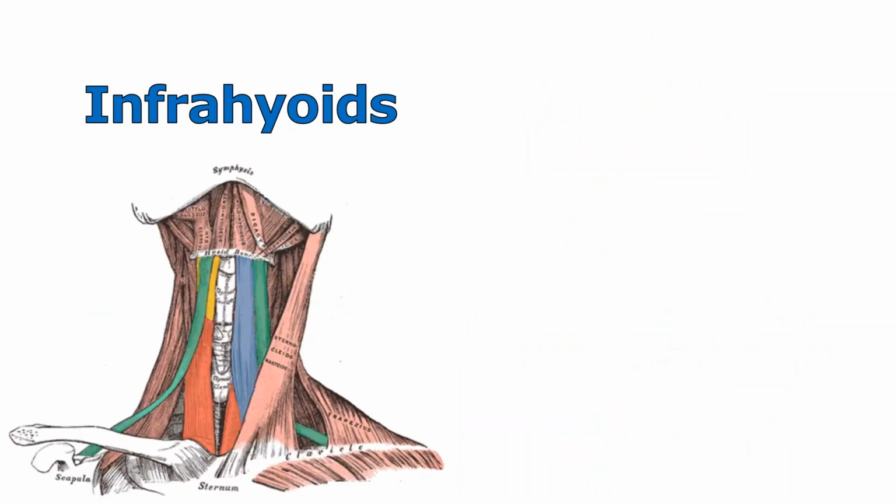As far as the infrahyoids go, we have sternohyoid going from the sternum to the hyoid. It's the blue one. We have the omohyoid. And omo is one of those strange roots, a very old root that means raw or uncooked, but for some strange reason it's turned into a root for the shoulder, so that should attach to the shoulder, the scapula, and then up to the hyoid.